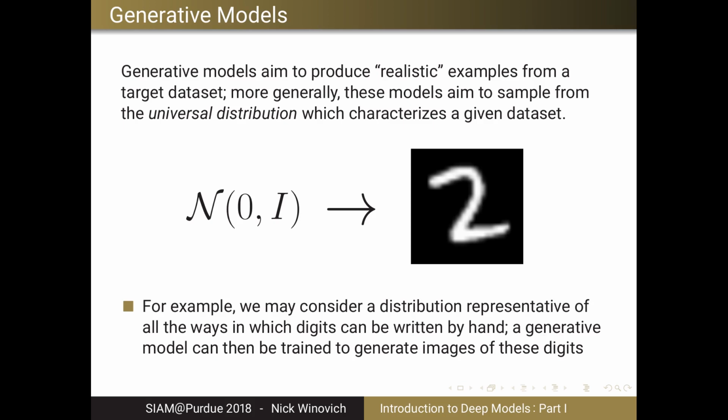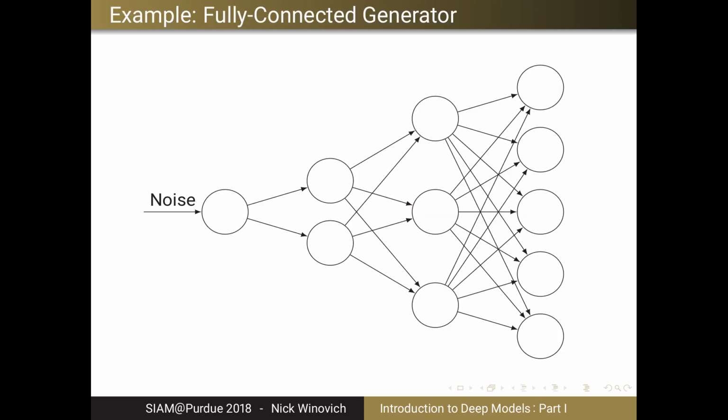We have a data set which represents samples from that universal distribution, just some of the possibilities. We want to learn from those samples and basically mimic that distribution, that sampling process. So we take, for instance, random Gaussian noise or random uniform noise, and we want to predict something which still looks like a digit. The basic model structure for this is kind of the opposite of what we were using before.